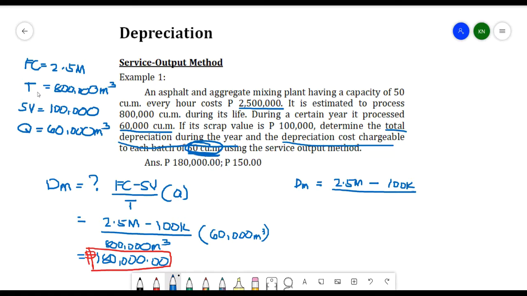So we have T as 800,000 cubic meters, and our Q is 50 cubic meters. So we now have our depreciation cost for each 50 cubic meters, which is equivalent to 156.25 pesos.